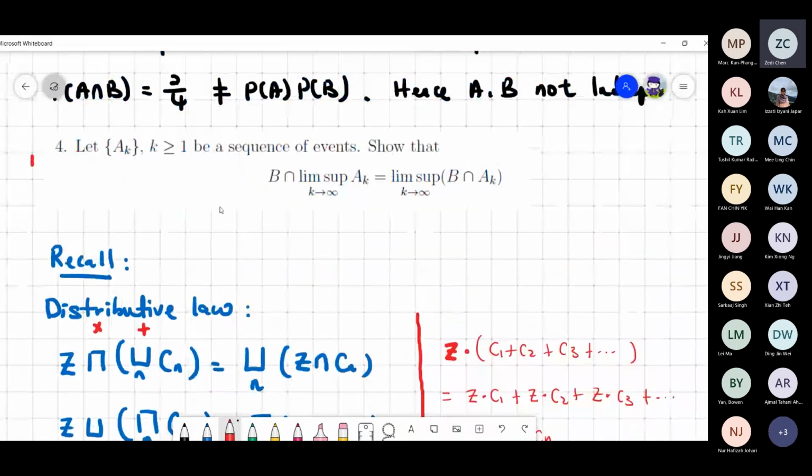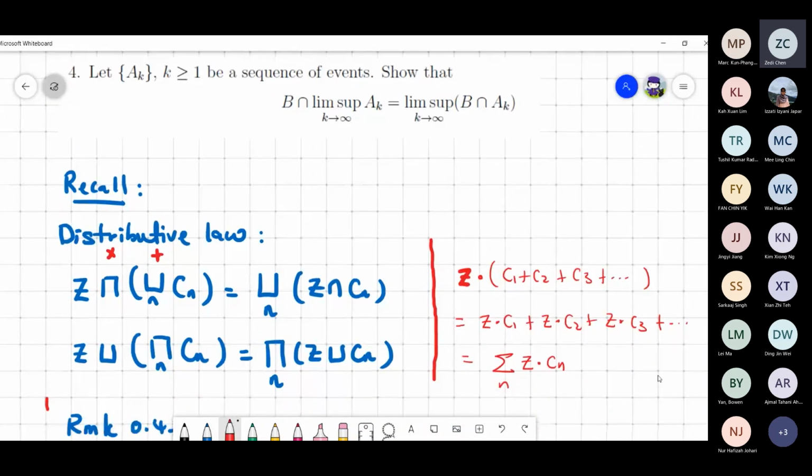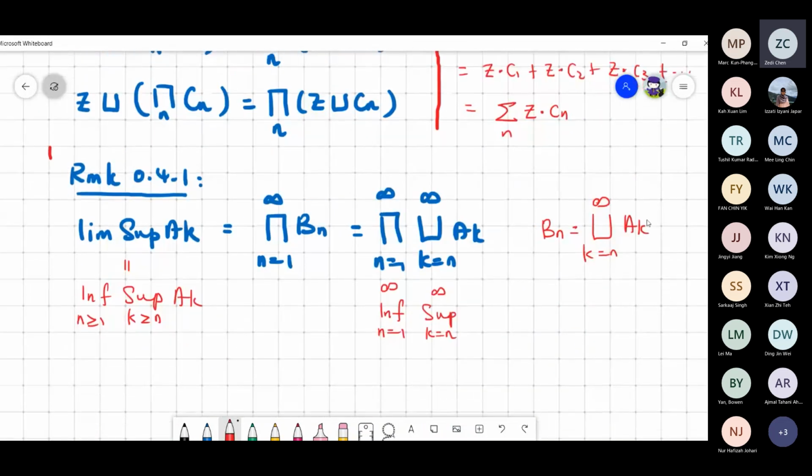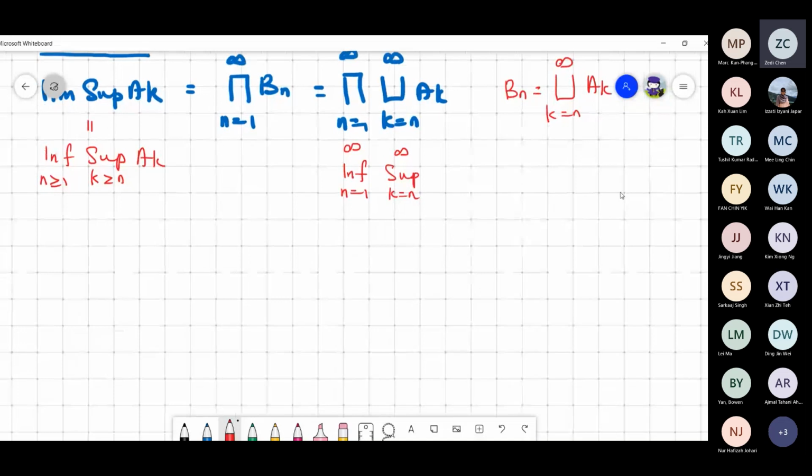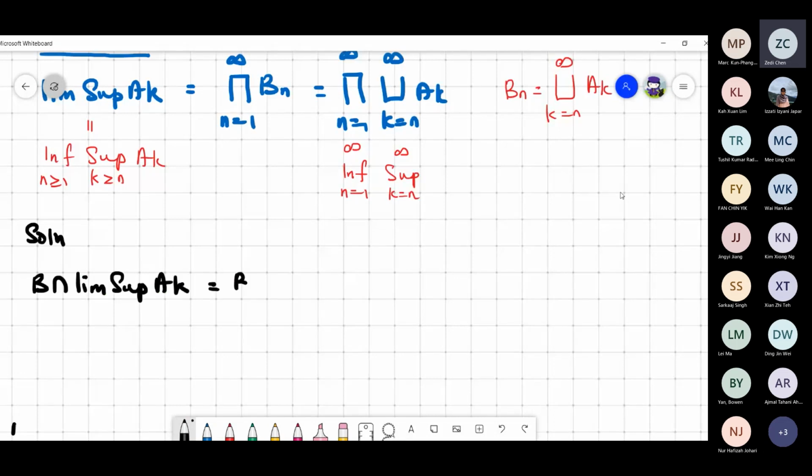So come back. We want to show this equality here. Let's look at the solutions. B intersect the limit supremum of AK. So this equals B intersect, according to these definitions, the intersection of the Bn.